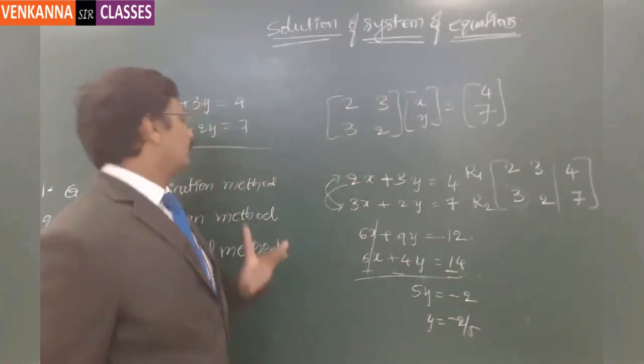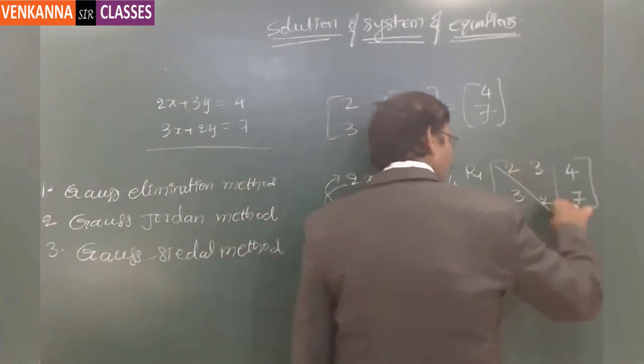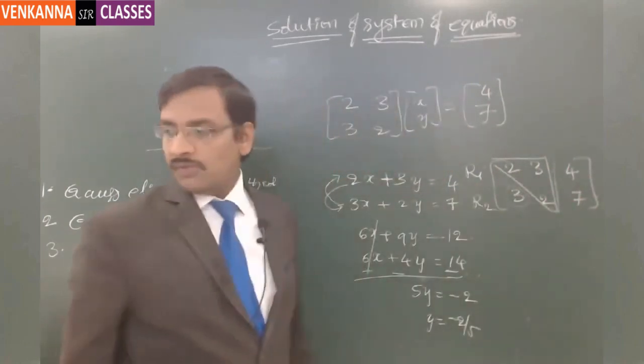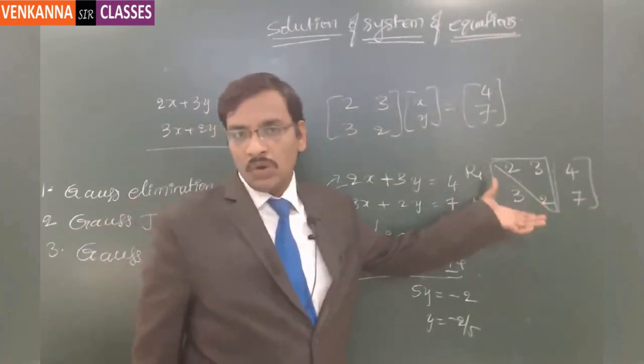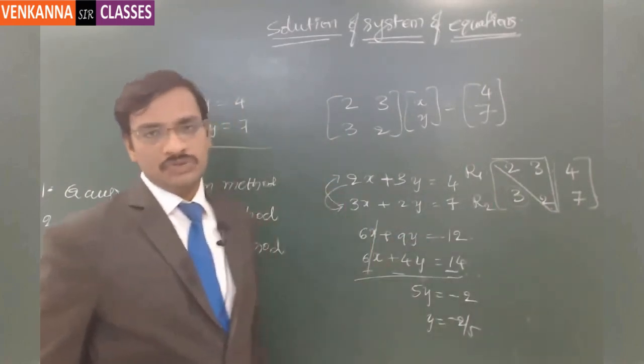In the Gauss elimination method, we form an upper triangular matrix like this, where I make all the lower triangle values 0. For that, there is a standard method which you can adopt.